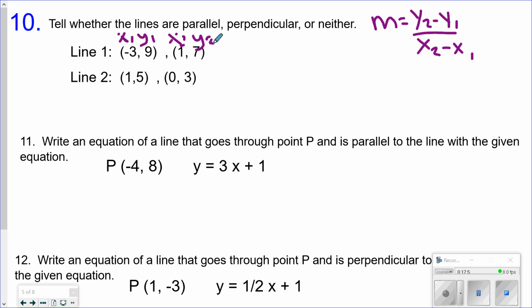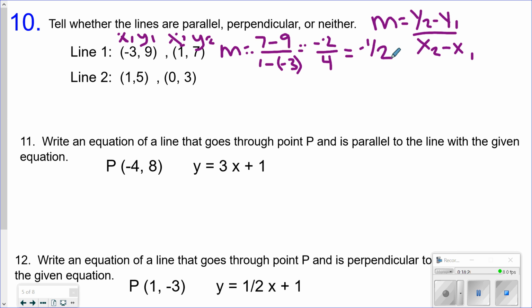So if I plug this into my slope formula, I end up getting 7 minus 9 divided by 1 minus a negative 3. This will simplify to negative 2 divided by 4, which is truly negative 1/2.